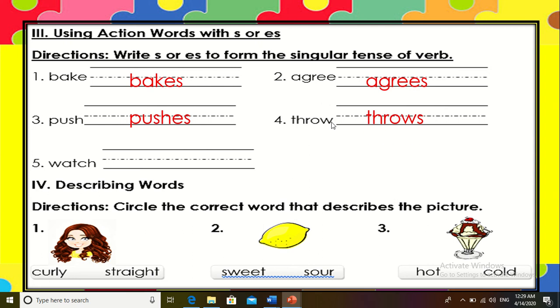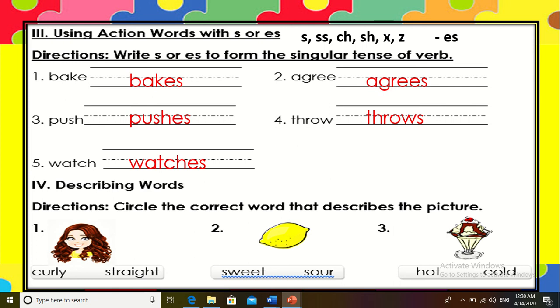And the answer is throws, add S. Number 5, watch. It ends in CH and then you had to add ES, or watches. So again, number 1, bakes, agrees, pushes, throws, watches.